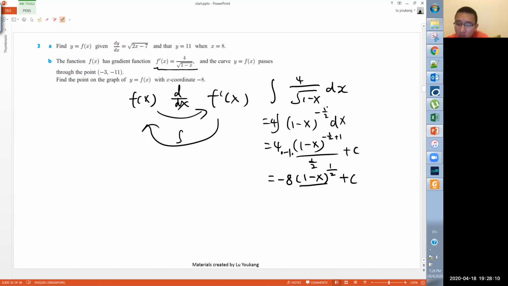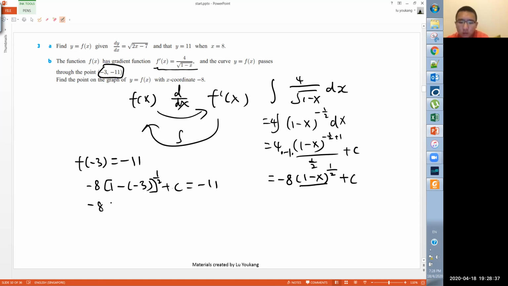Okay, so then it says what? It says it passes through these 2 points. So what it means is your f(-3) should give you -11. So therefore, you just put in your -3. You are supposed to get -11. Okay, so that's 8 plus 1, so it's 4.